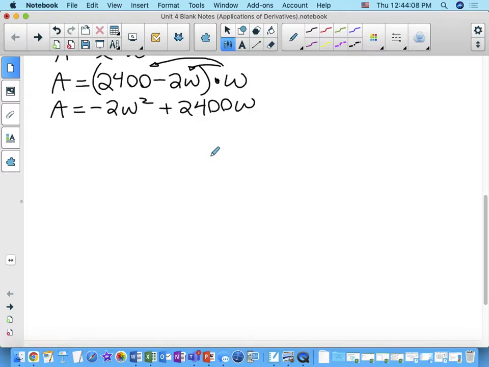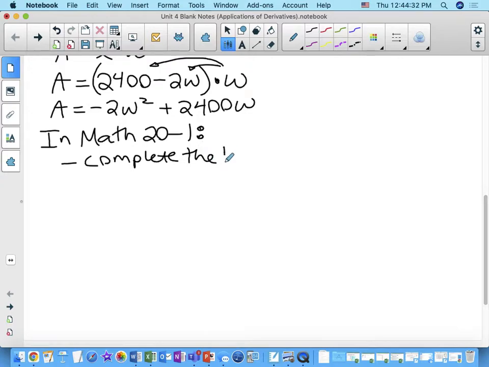So in 20-1, if we wanted to find the maximum area using the tools that we have in that course, we would need to complete the square to convert to vertex form.